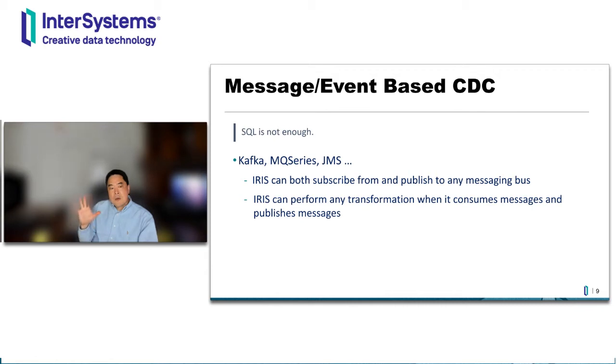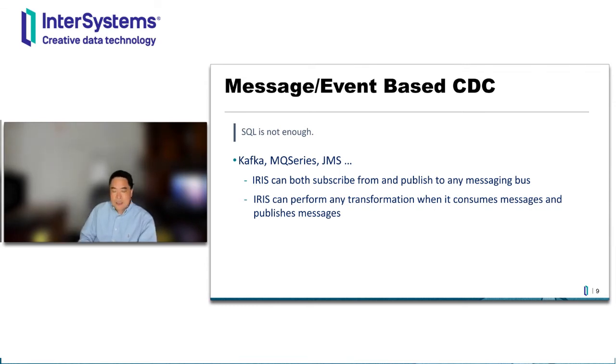There are some legacy messaging systems. I give you IBM MQ Series. Then there's something from Oracle, the Java-based JMS. But nowadays, the hottest messaging bus is Kafka, right? Kafka is first of all open source, and it's also embraced by AWS.